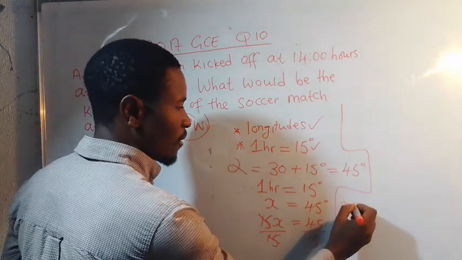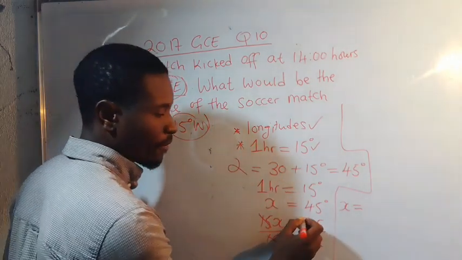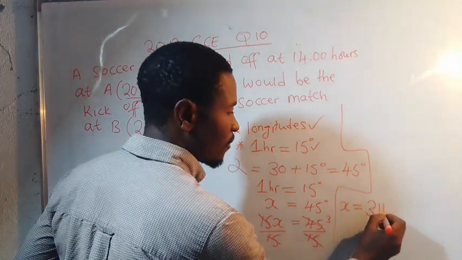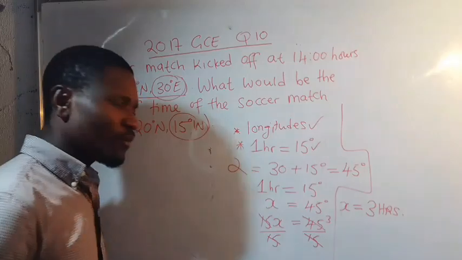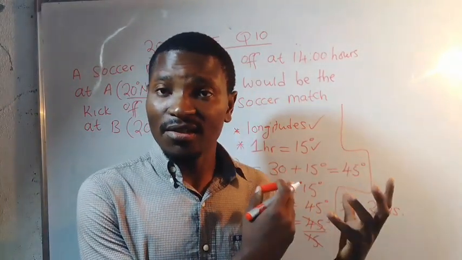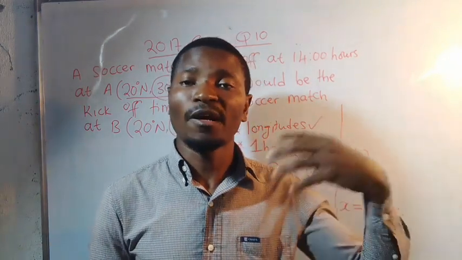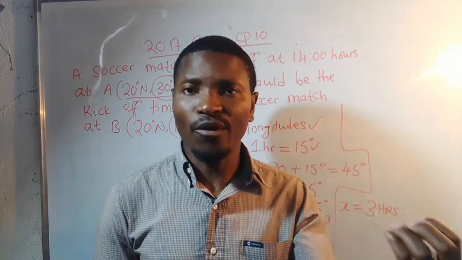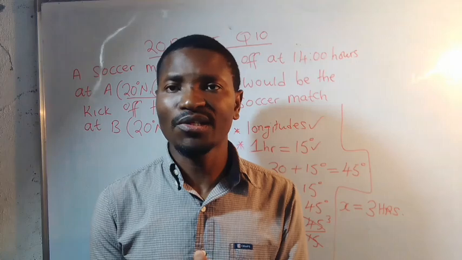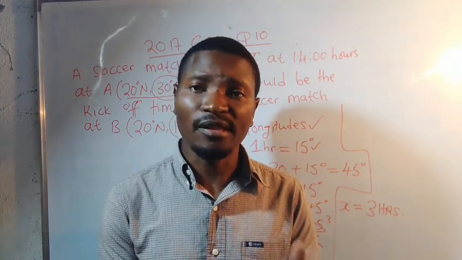Now x is equal to 45 divided by 15, which is just 3. So in 45 degrees, the earth is going to cover about 3 hours of time. I hope you get the concept of how we have come to 3 hours.